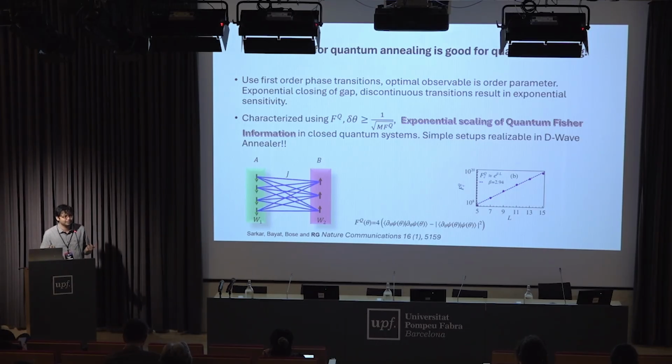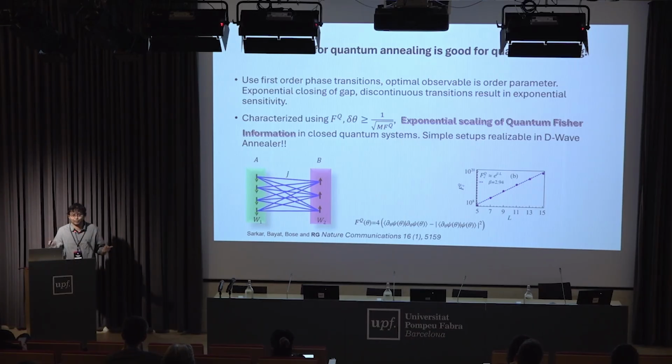And for the more knowledgeable people, the fidelity susceptibility is inversely proportional to the energy gap squared of the problem. So since in the first order phase transition we had an exponentially small energy gap, it means that the Fisher information will now scale exponentially with system size. And you can now prepare very good sensors with very few qubits. That's the idea. And this got published a few months back. So it's not all bad.